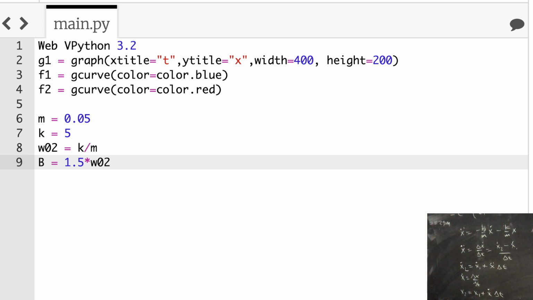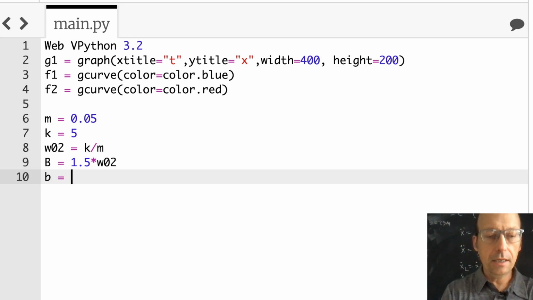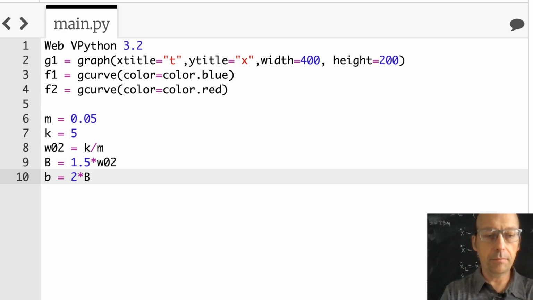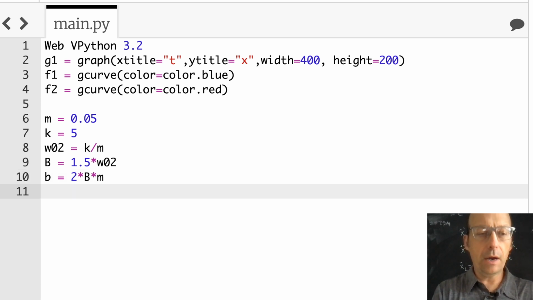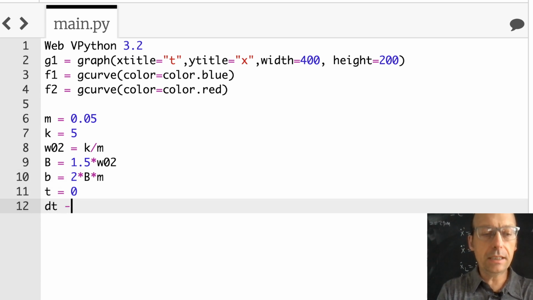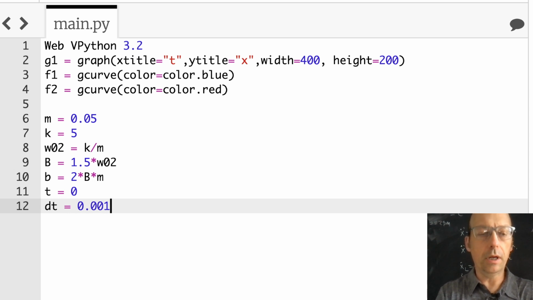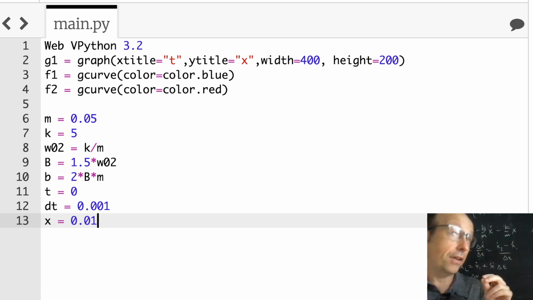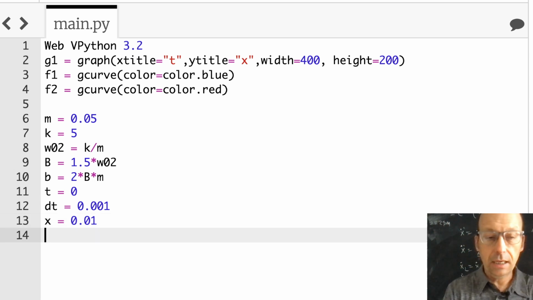And now I can use that to calculate b. So b is equal to 2 times beta times m. Now I need t is 0, dt is 0.001. x equals 0.01. I need to have it initially displaced, and then x dot is equal to 0.